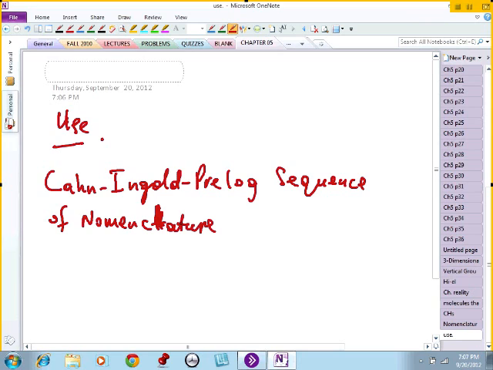In the Cahn-Ingold-Prelog sequence of nomenclature, if I have this, here I have this carbon here.